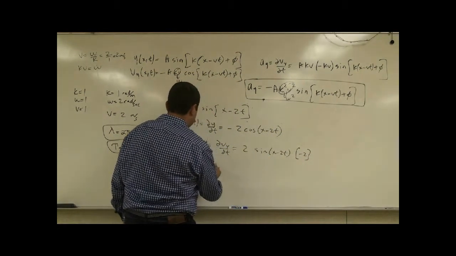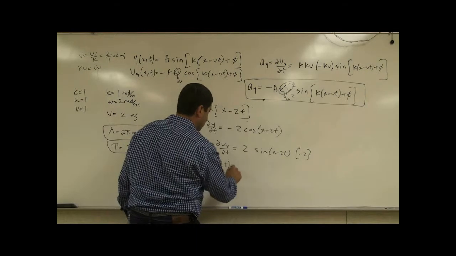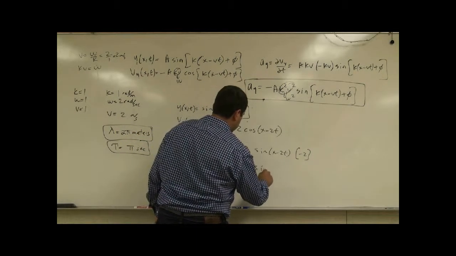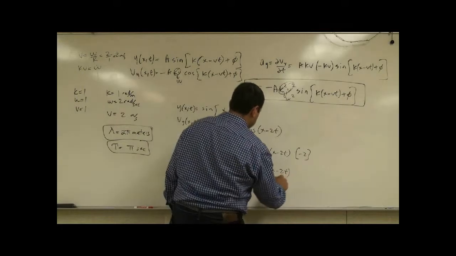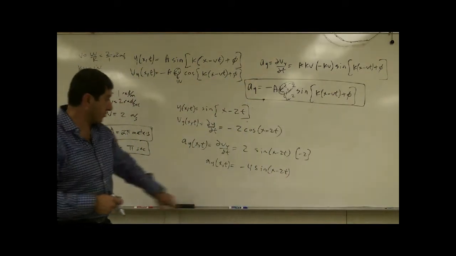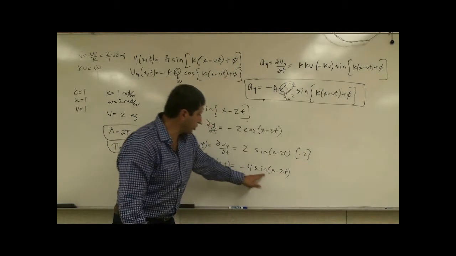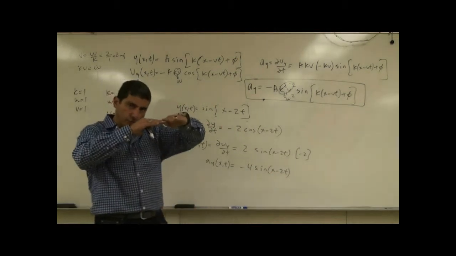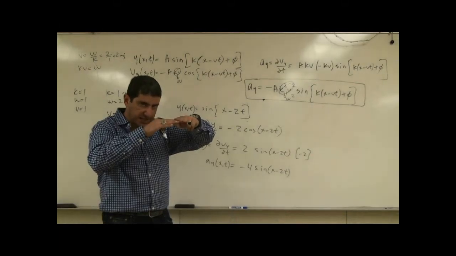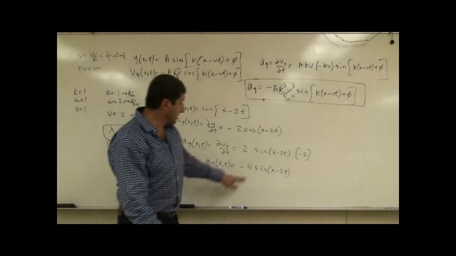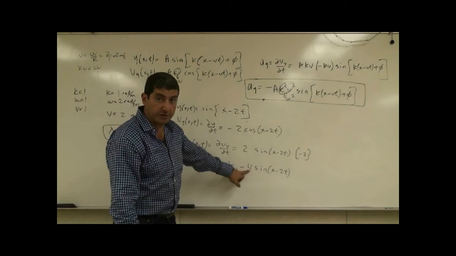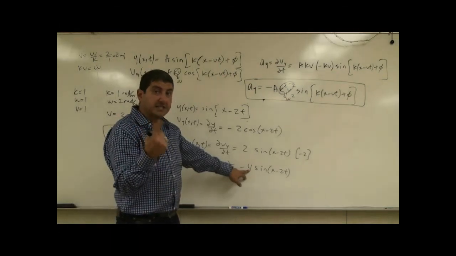So now it's going to be a sub y of x and t equals negative 4 sine of x minus 2t. Right? What happens now? When x equals 0, t equals 0, you get sine of 0 minus 0, so you get sine of 0, which is 0. So at the origin, it's not accelerating again, right? But the maximum value of the acceleration, instead of being 1, is now 4.